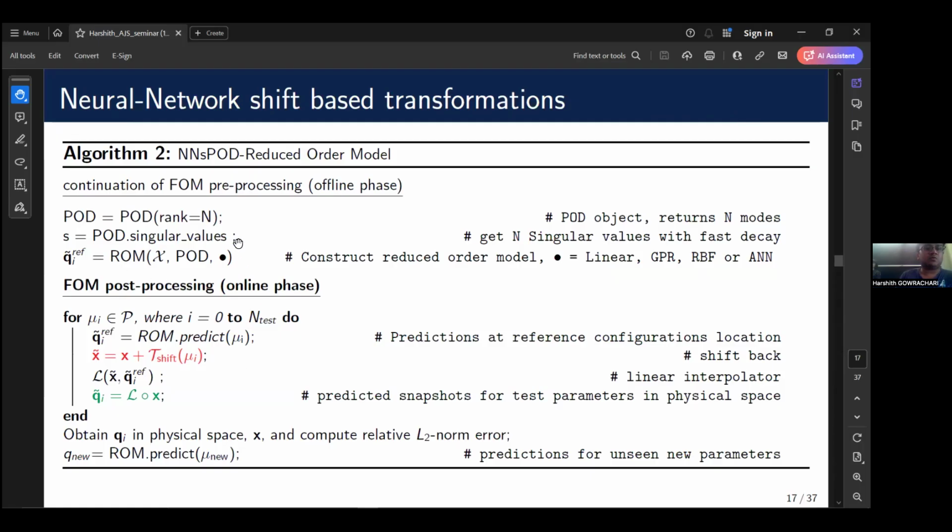So you do your reduction and manifold approximation at the reference configuration where all the snapshots are transformed. Then, for a given parameter, you have a predicted snapshot at the reference location, and you shift back.